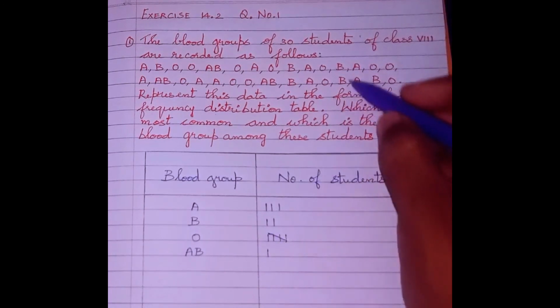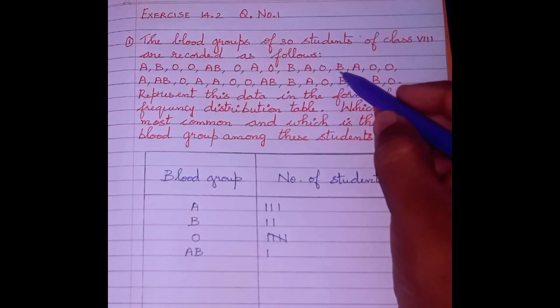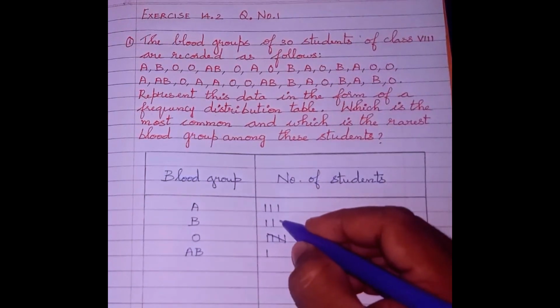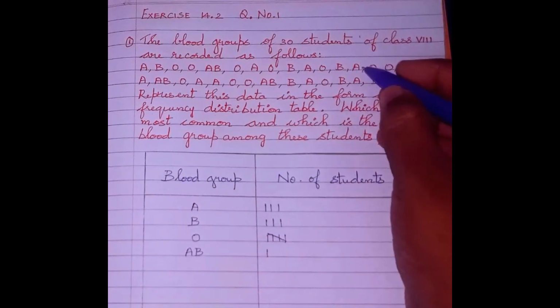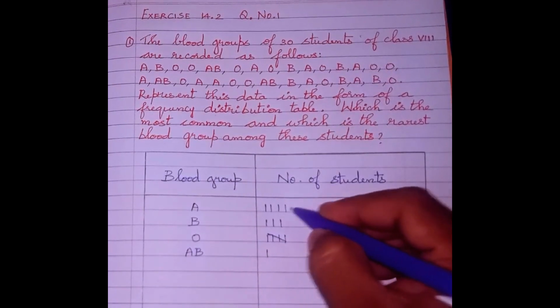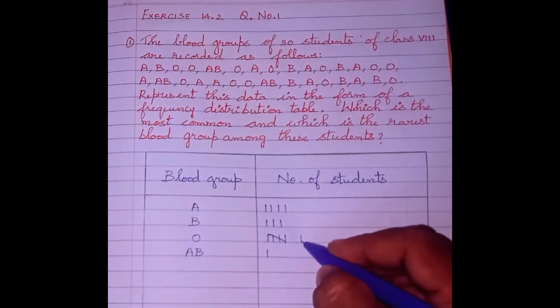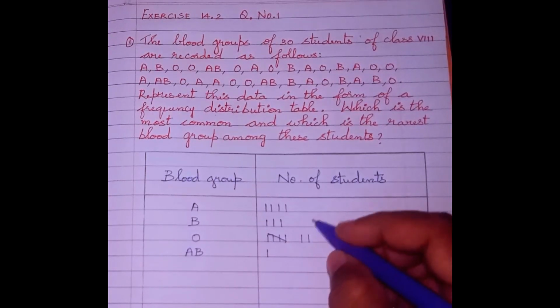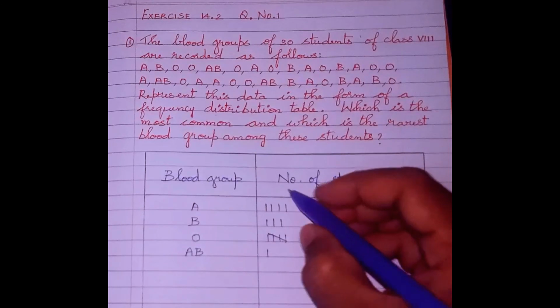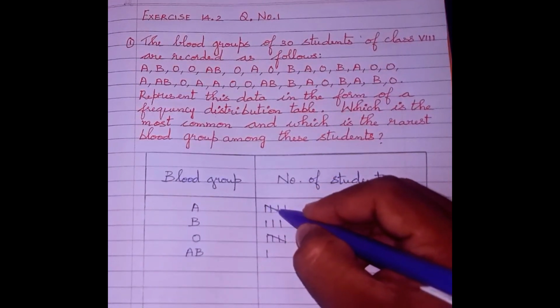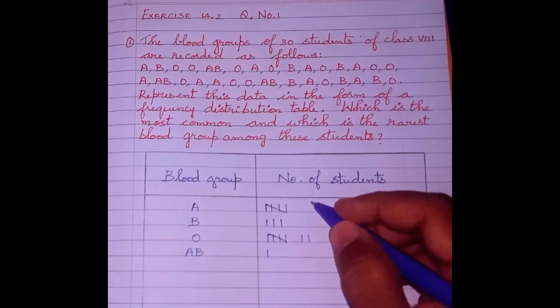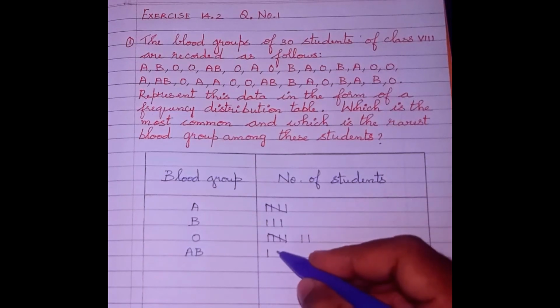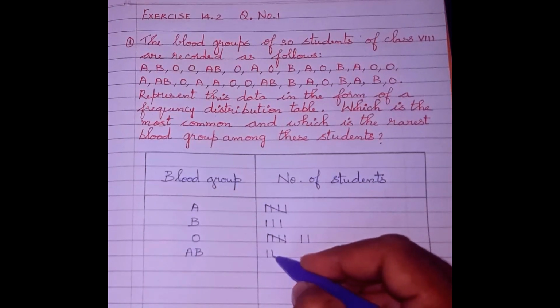Now after that, this O we have completed. After that we have B. Then we have A. Then we have O, and again O. In the second line you can see that we have an A, it is the 5th one, so we make a mark across. Then we have AB.